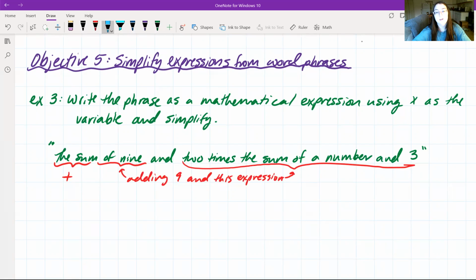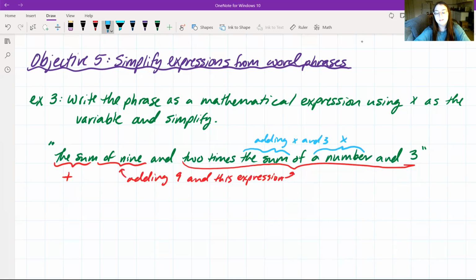Now we can take a closer look at our other expression. Our other expression is telling us 2 times the sum of a number and 3. We know that a number just means x. And since we have the sum, this means we're adding x and 3.